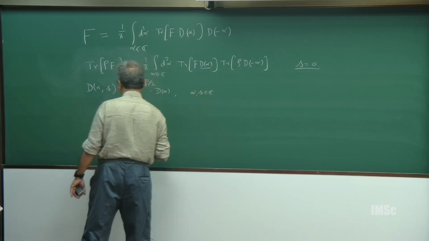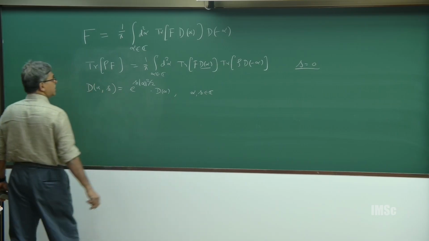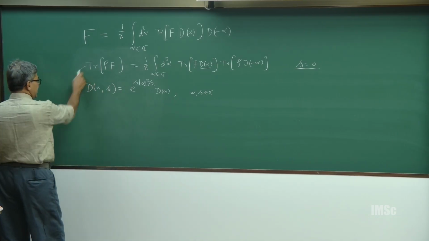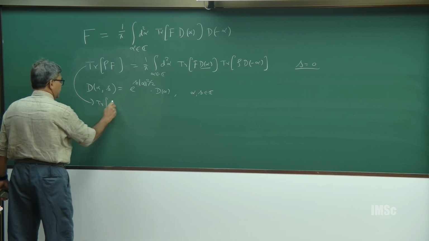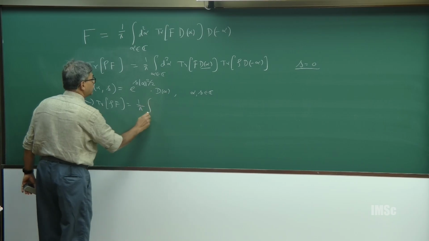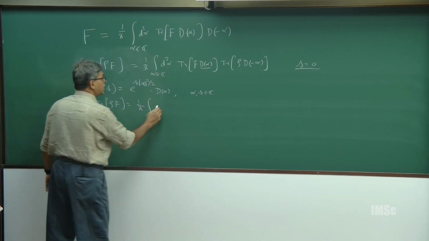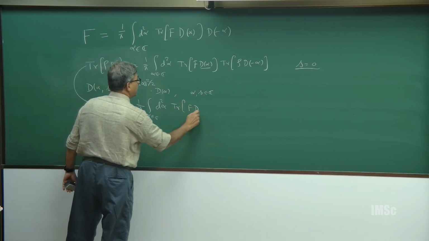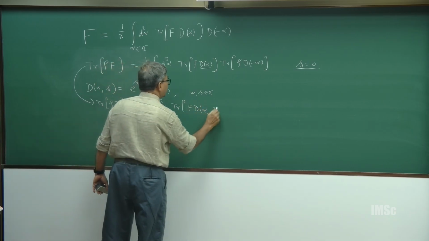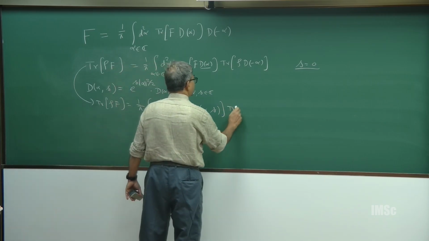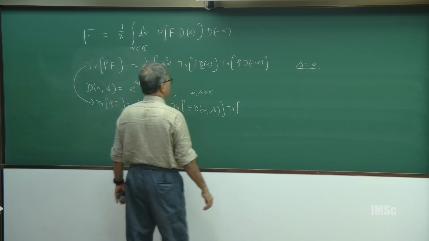And then you can of course try to express things like here: trace of rho f is equal to 1 upon pi, integral over alpha belonging to C, d square alpha, trace of f D(alpha, s), and now we should be a little bit careful.